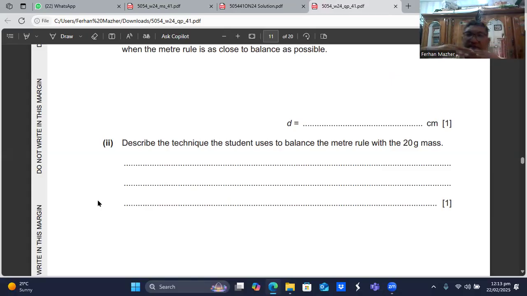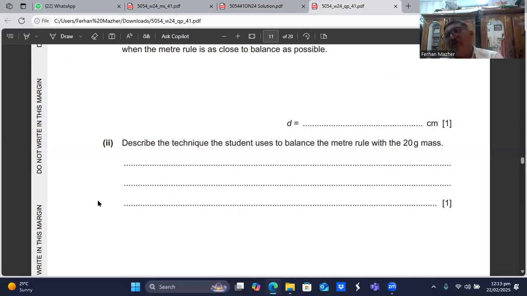Then do this again, moving that mass which is placed at 82 centimeter, left or right, very carefully. You are going to find that point where the meter rule will be balanced on that pivot.